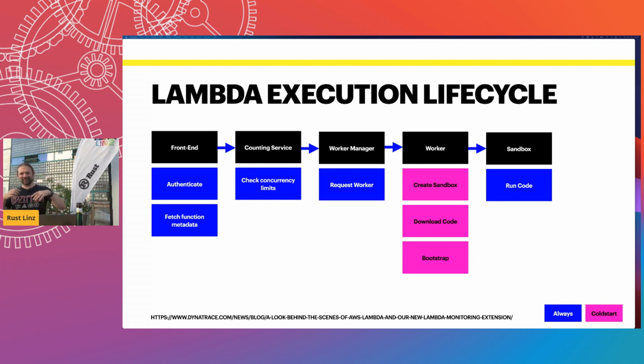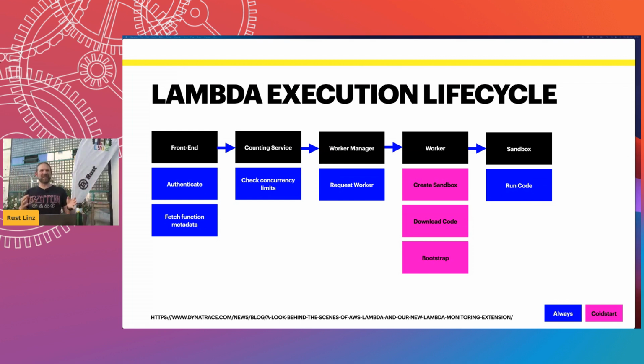So for AWS Lambda, the execution lifecycle comes in a couple of steps, and what you see here in blue are all the bits and pieces that need to be run always, and all the pink parts are those pieces that we call cold start. So what happens when you call a Lambda, or when you start invoking a Lambda for the very first time? AWS does a couple of things. First, it checks if you're even allowed to do that.